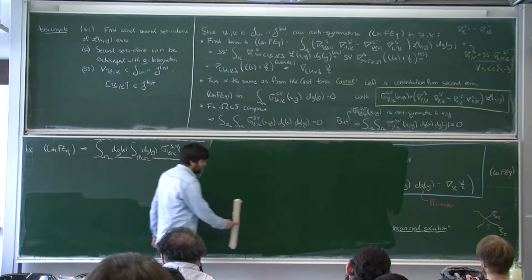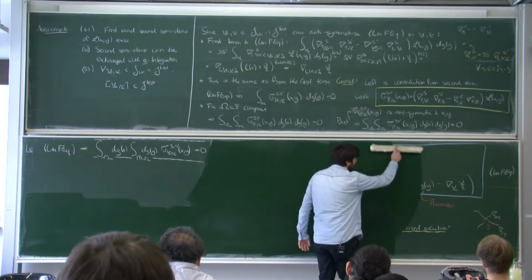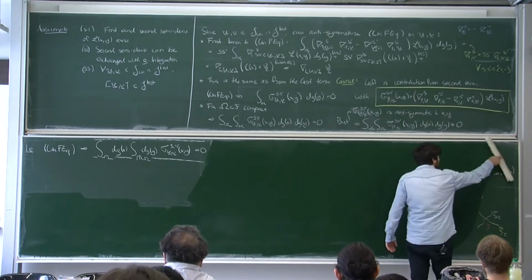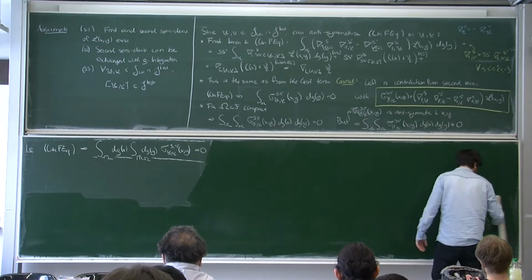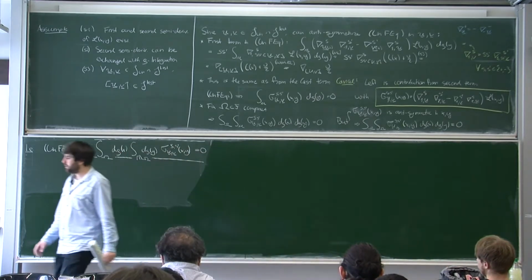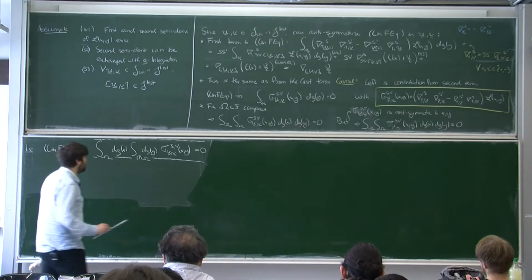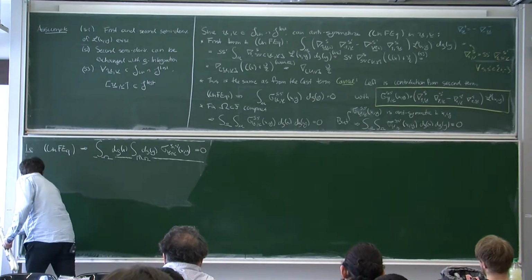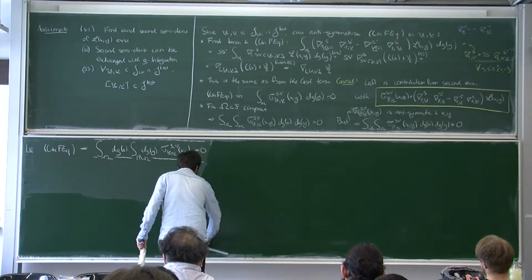Maybe there's a way to capture more of the other structures, but you certainly would need to say more about what it means, for example, to have an exterior derivative in this non-smooth setting. But I'll say more about this later.